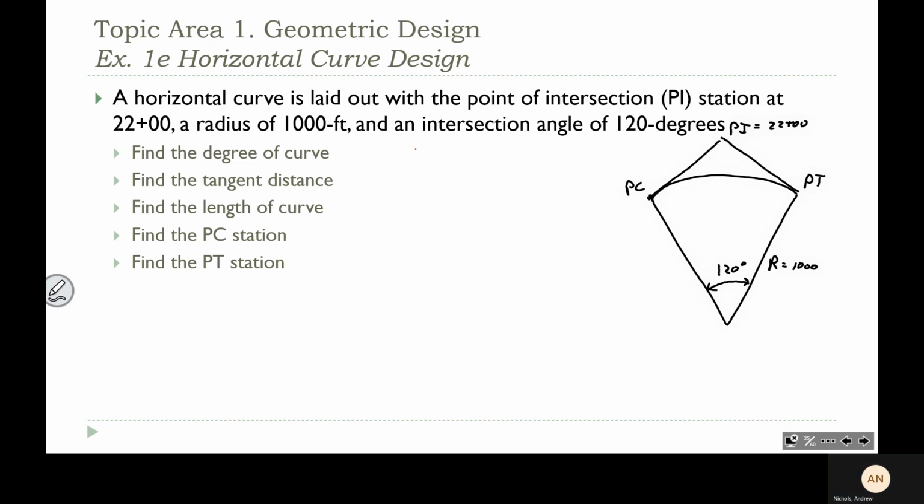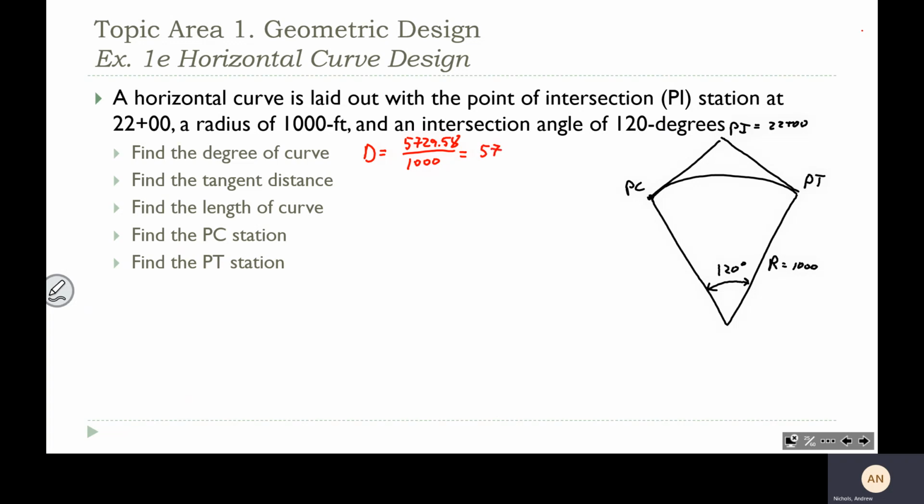The first equation is R equals 5729.58 over D. D is what we're trying to find, so we can rearrange: 5729.58 divided by our radius of 1,000.